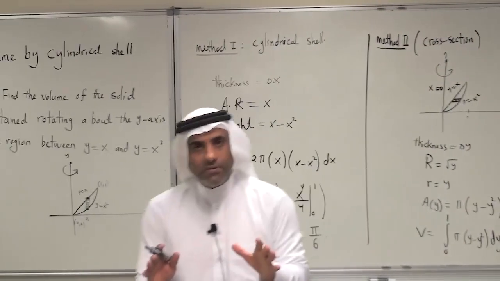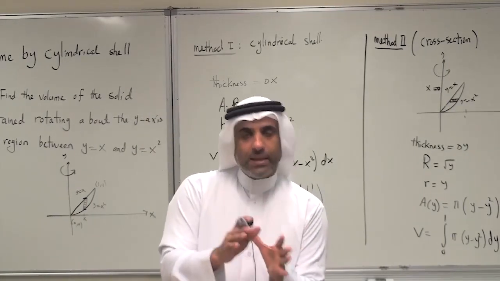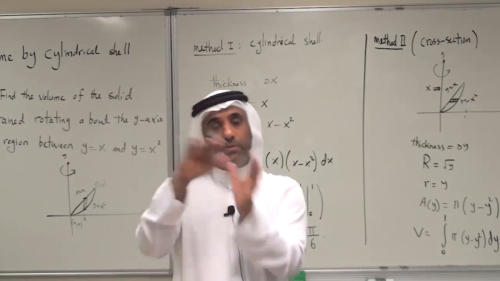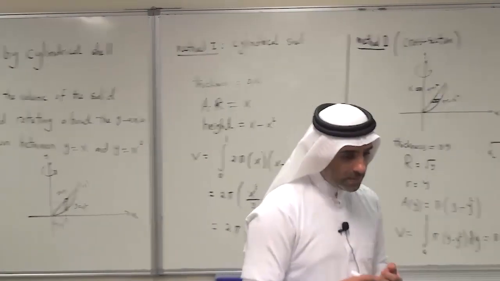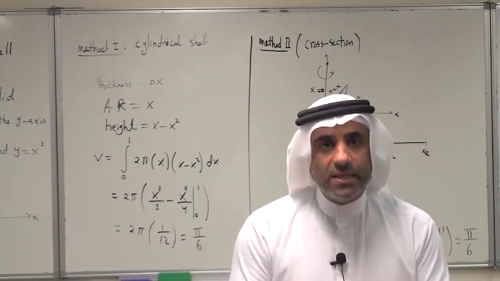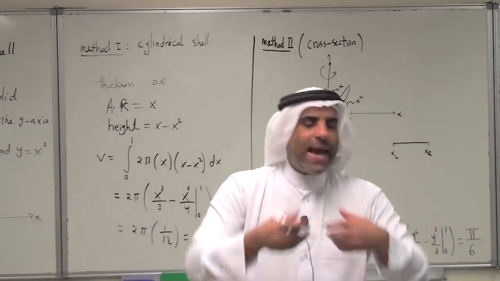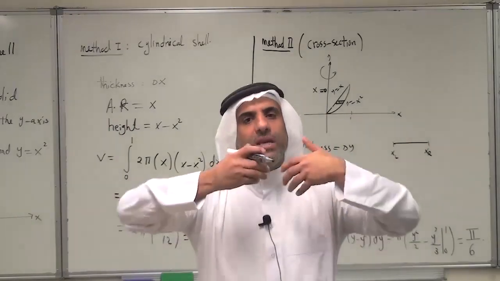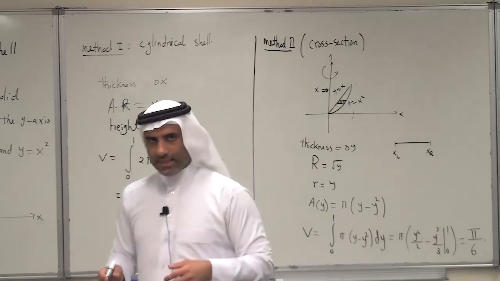Both methods work fine, but sometimes one of them is easier to apply, and other times the other one will be simpler. Now, we will see in the next exercise what happens if we change the axis of revolution, for example to be the x-axis, or any vertical axis, or any horizontal axis. That will be done in our next exercises.